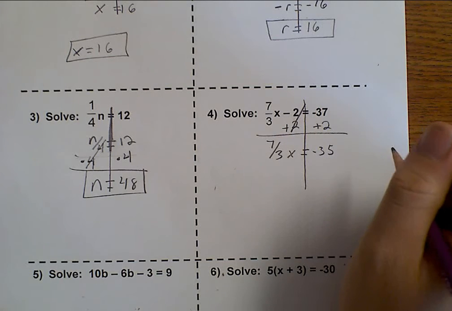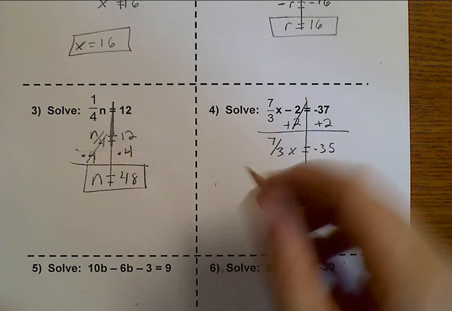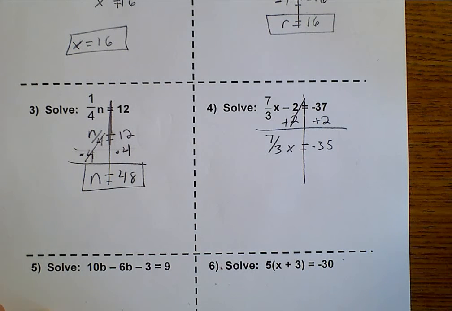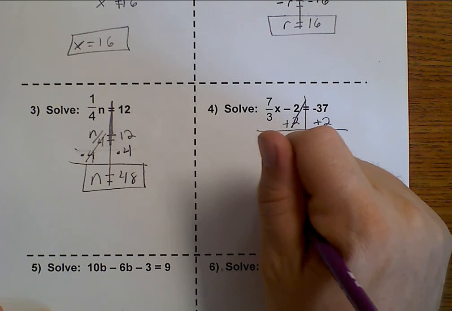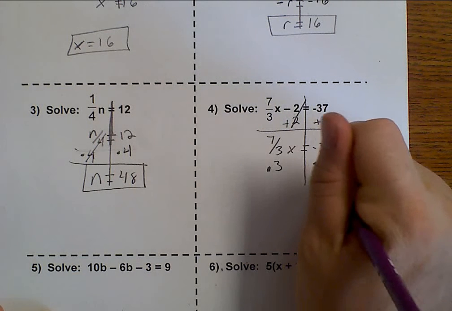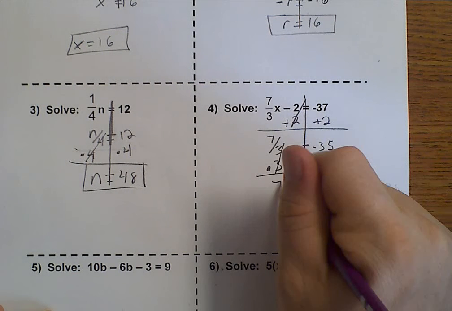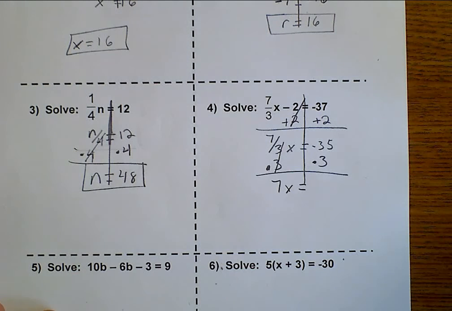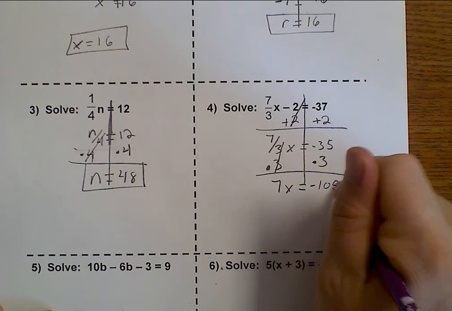Well, there are a few different ways that I could solve this. I'm going to solve this in 2 more steps because for me it seems to be the easiest. And I don't like fractions. So to get rid of this fraction, I'm just going to multiply by what's on bottom. So multiply both sides by 3, which those cancel, leaving me with 7x equals negative 35 times 3 is a negative 105.